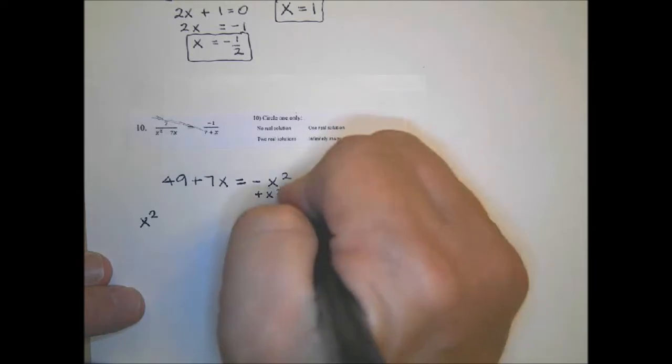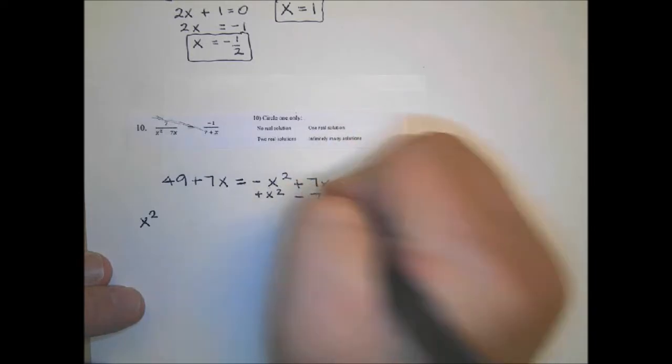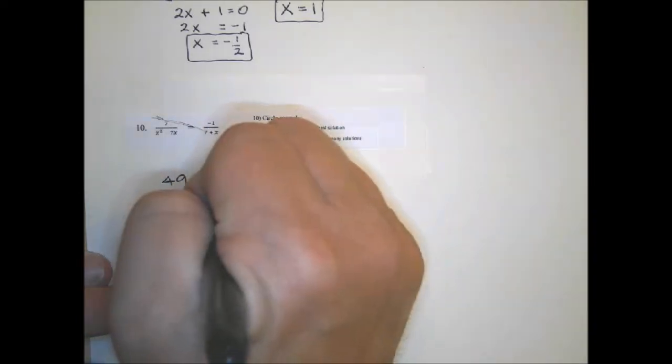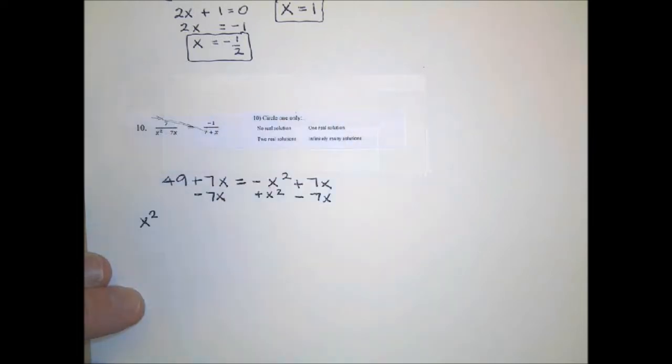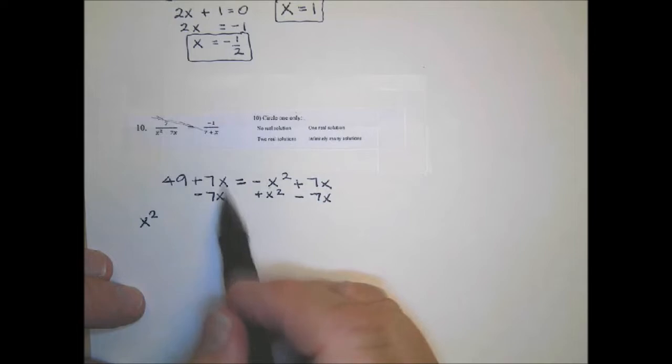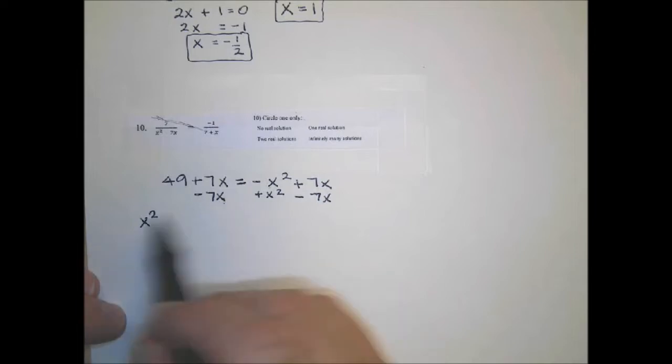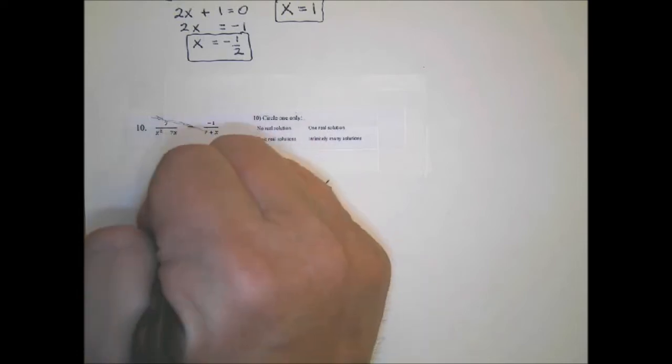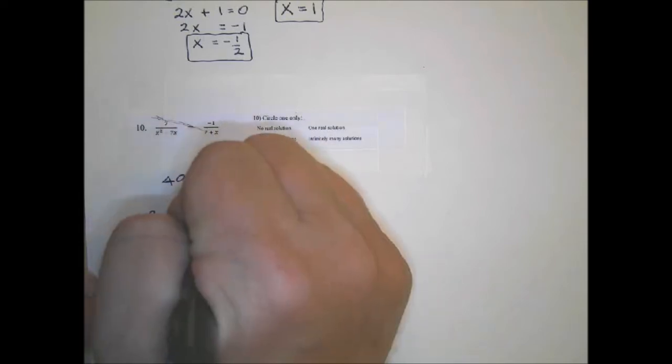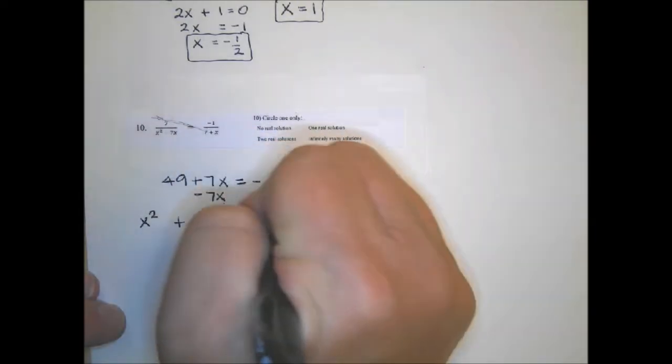I would subtract a 7x, but I'm going to subtract it right underneath that one. So actually, I'm going to end up losing all my x's to the first power. So I've got x squared plus 49 equals 0.